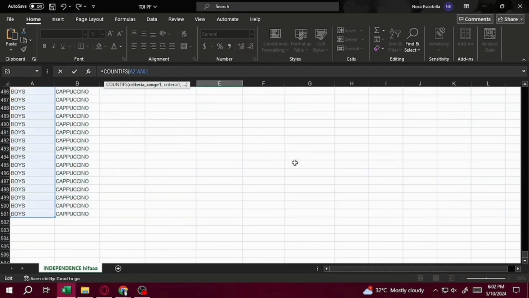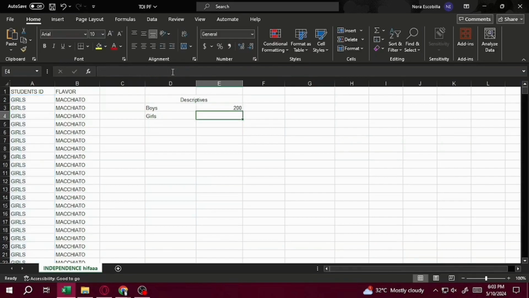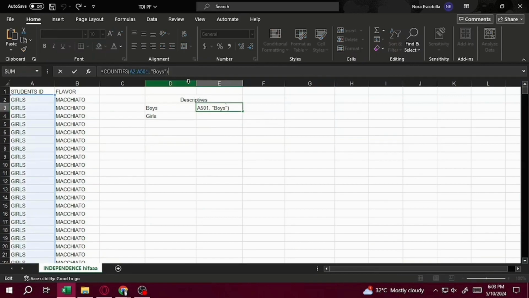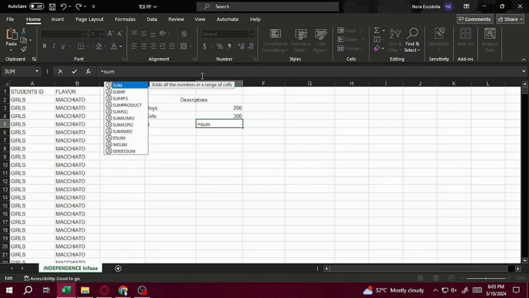After we copy all the data through the bottom, let's check our COUNTIFS and click the given group or population, which is the boys, and we have 200 boys. We need to do the same thing: let's change boys and type girls, and we have 300 girls. Using this, we can determine the descriptive and the sum of the population efficiently.